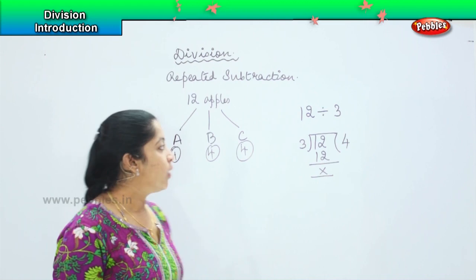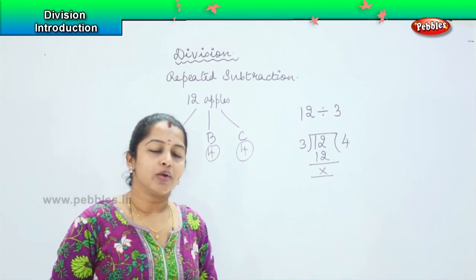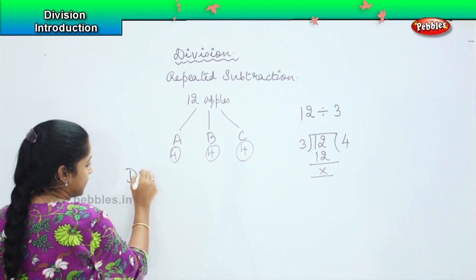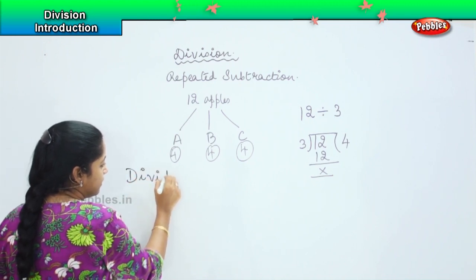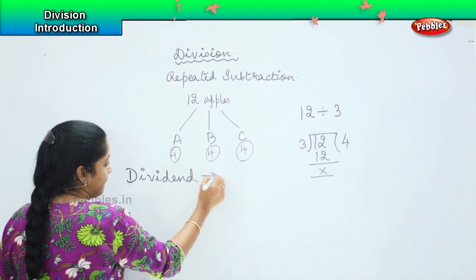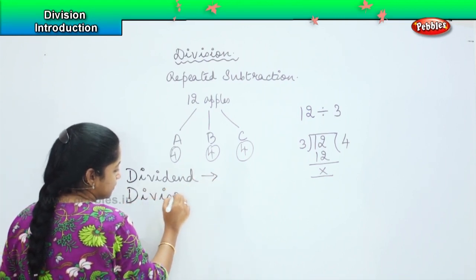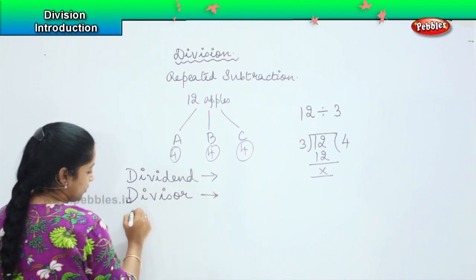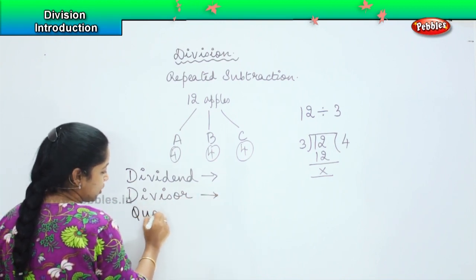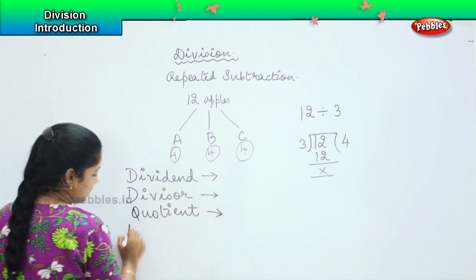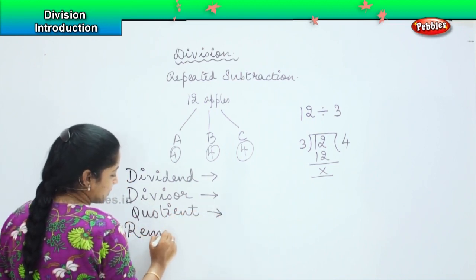So in division, we are going to learn 4 new terms. The first one is the dividend. The next one is the divisor. The next one is the quotient. And the last one is the remainder.